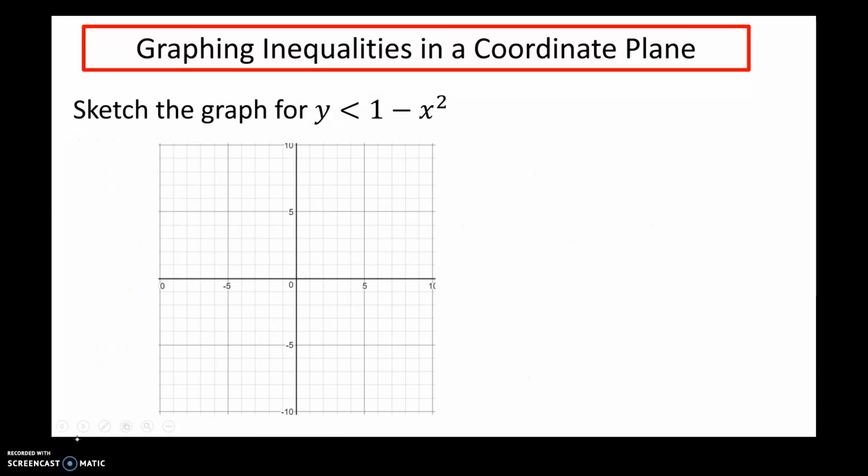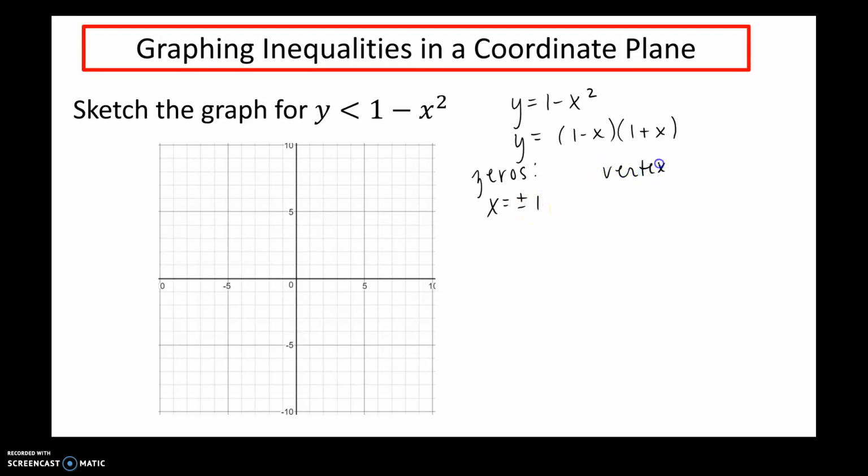All right, sketch the graph for 1 minus x squared. Okay, this is now a quadratic, so we have to go back to graphing quadratics. So we'll graph 1 minus x squared. Difference of perfect squares here, so my zeros are x equals plus or minus 1.